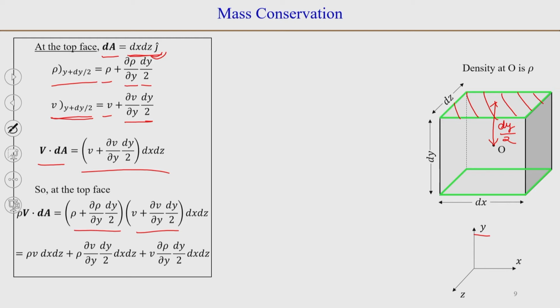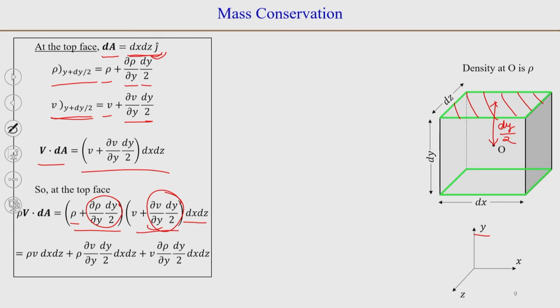So, you will have v plus ∂v/∂y into dy by 2, into the area dx dz, and we can expand the terms and neglect the multiplication of the two second terms, because now it will have a dy squared into dx dz. So, again the magnitude of this fourth term will be smaller than the other three terms. So, we will neglect that term.